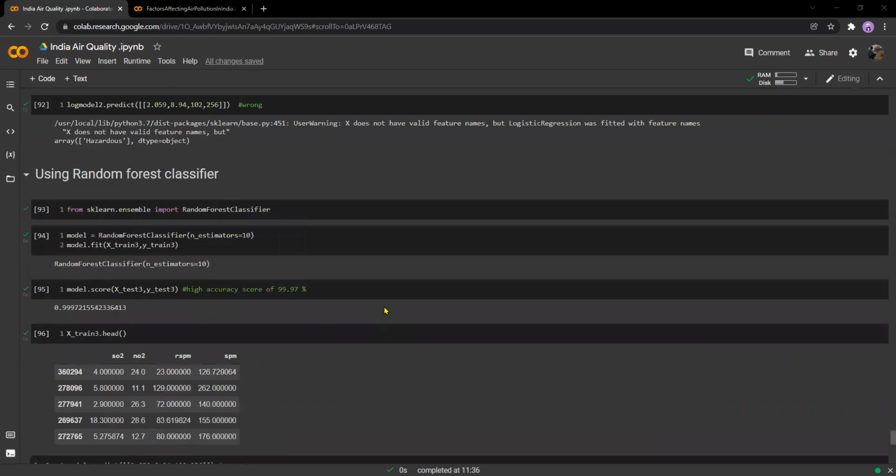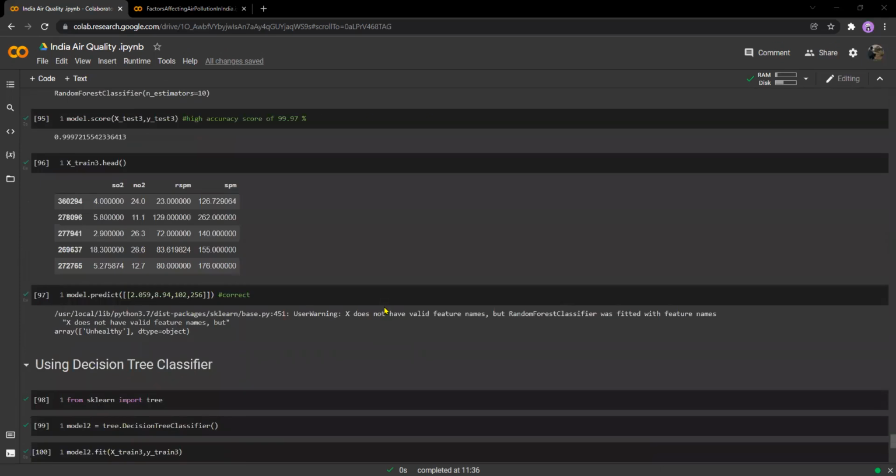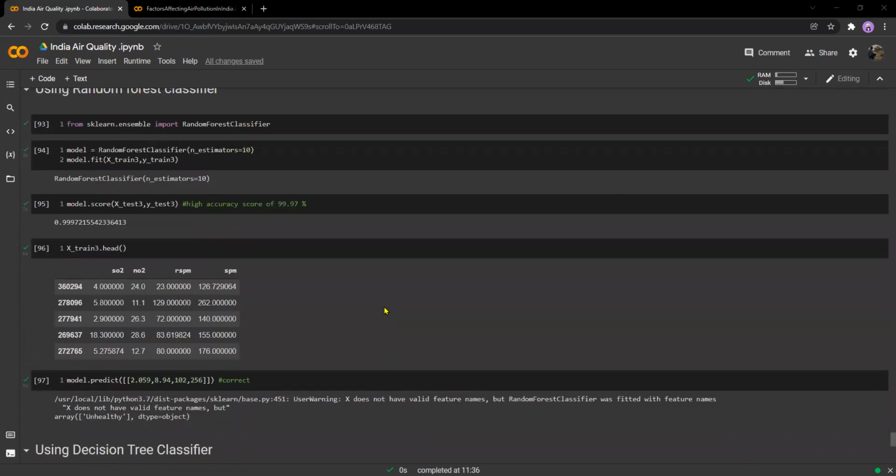Then we will use the random forest classifier. Random forest classifier is one of the most famous algorithms, which contains many decision trees. Based on the number of trees in the algorithm, the accuracy is higher, and a greater number of trees in the forest leads to higher accuracy and prevents the problem of overfitting.